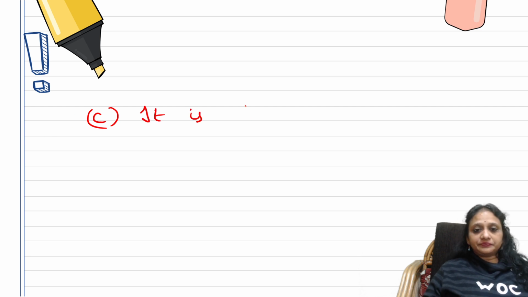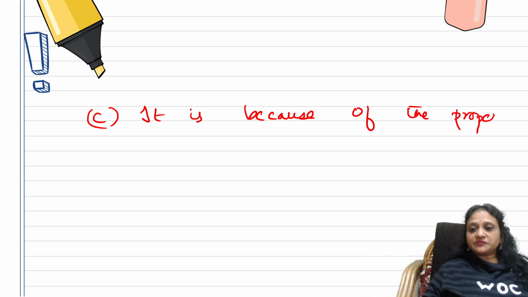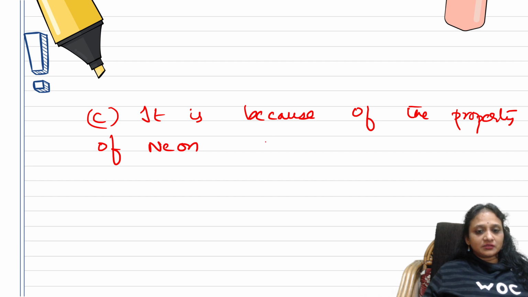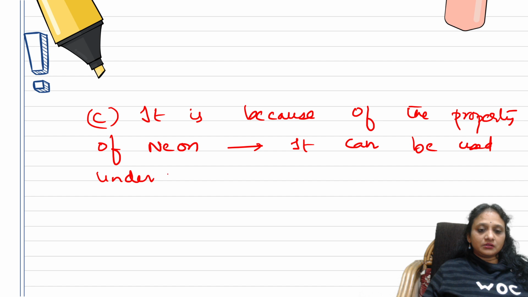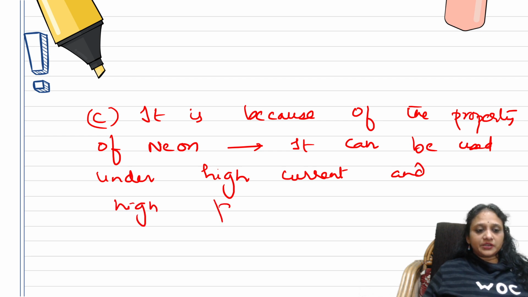So I'm writing the last one once again. It is because of the property. Why am I using it in the safety devices? Because of a property of neon. What is that? Neon can be used under high current and high pressure.